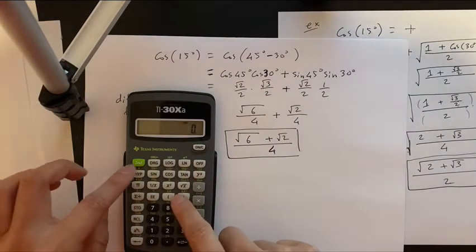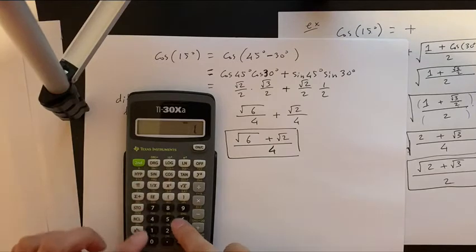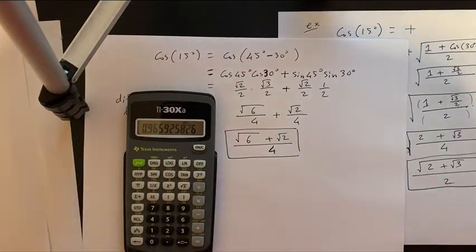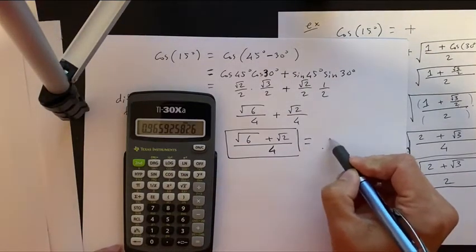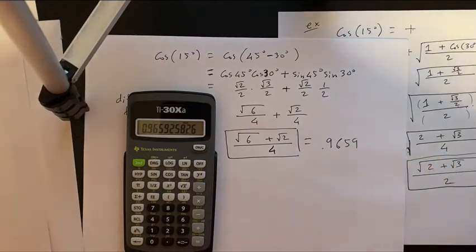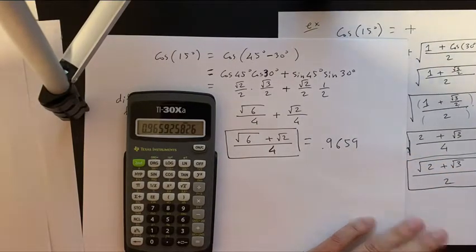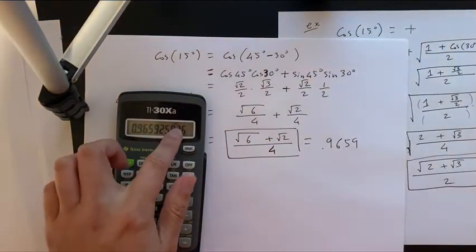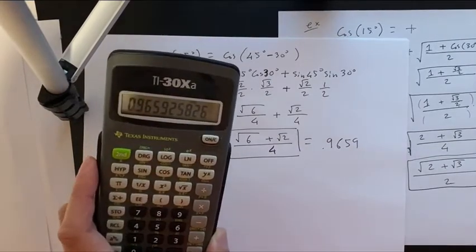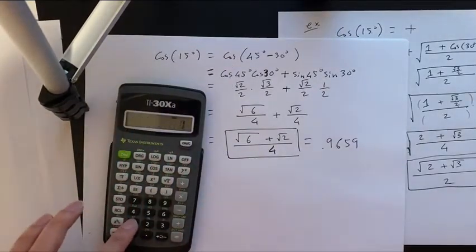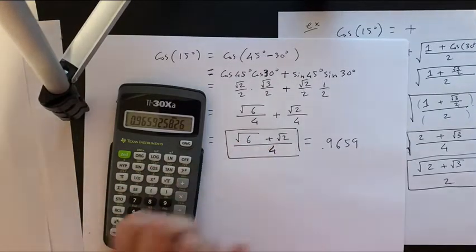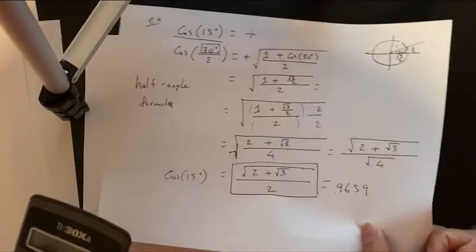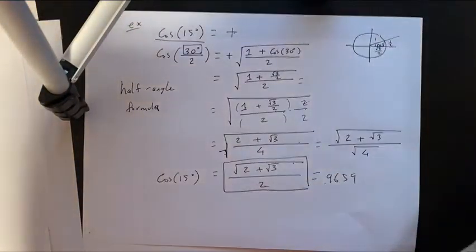If I do cosine of 15 degree. So 15 degree, take cosine of that. It should be equal to 0.9659. Okay. And yeah, make sure it's in degree mode. It is. So if I take 15, I take the cosine of that, you get this. Okay. So this guy is also 0.9659.